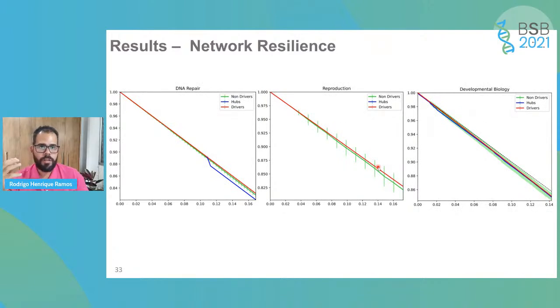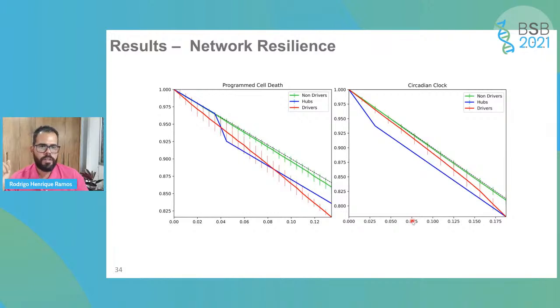Now we have another three sets of superpathways, the DNA repair, reproduction, and development biology. And in this case, the three networks show a remarkable resilience to attacks, even to hub attacks. And the networks barely break, even when we remove drivers, no drivers, or hubs.